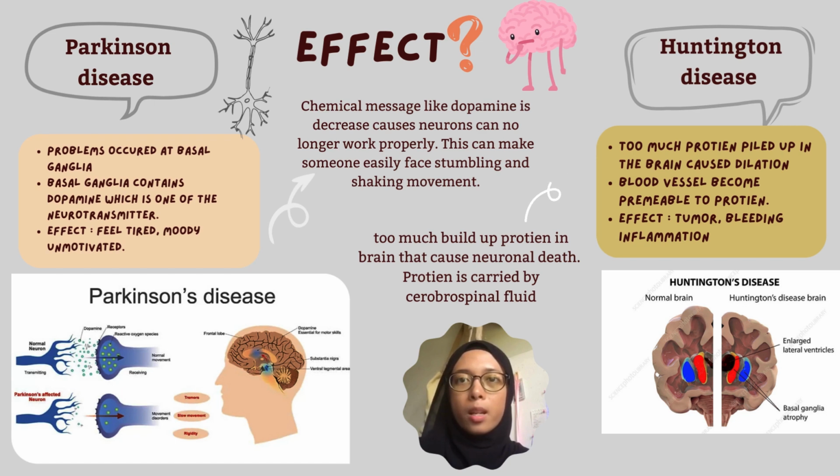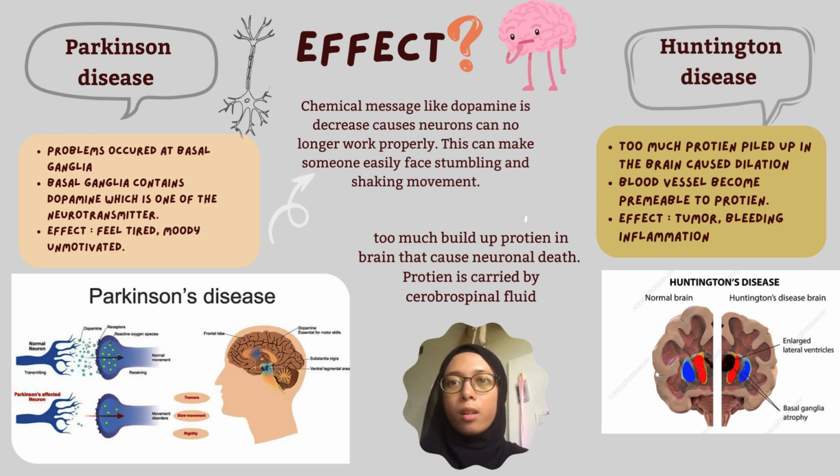What is dopamine? Dopamine is a type of neurotransmitter that functions to control body movement and our brain memory. The neurotransmitter called dopamine is produced by the hypothalamus. The problem occurs when the dopamine inside the basal ganglia is less transmitted between the neurons.